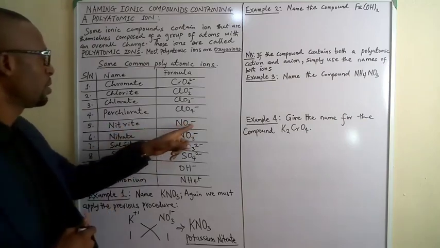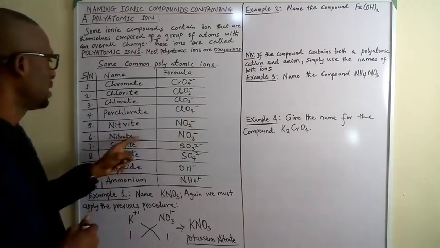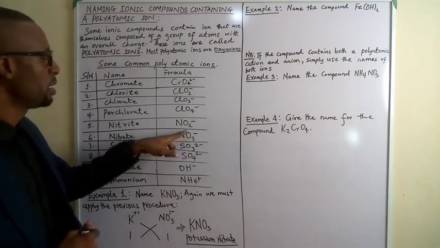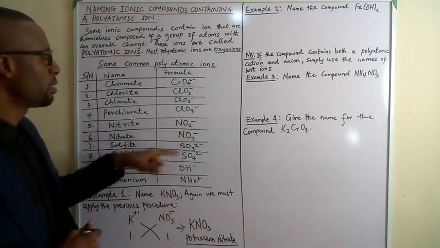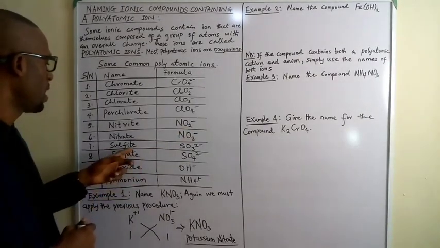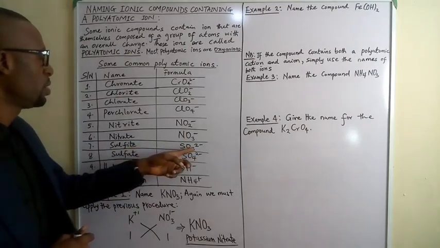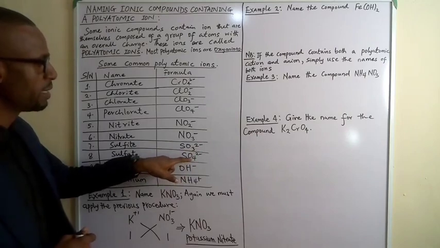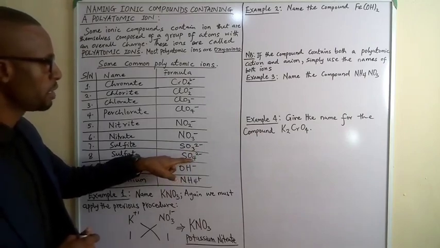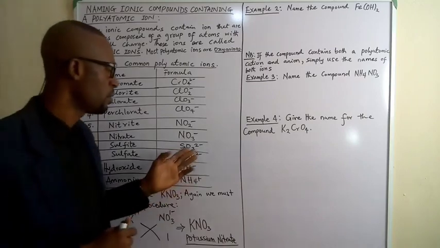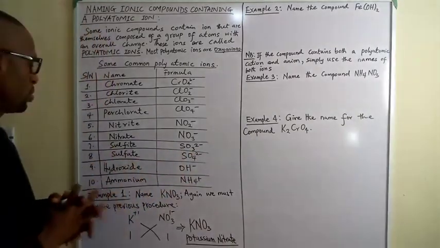The nitrite ion is NO2 minus, while the nitrate is NO3 minus, so NO3 has more oxygen than NO2. See that trend again where you have the sulfite SO3 2 minus and sulfate SO4 2 minus. The sulfate has 4 oxygen atoms, while the ite has 3. Please pay attention to that.